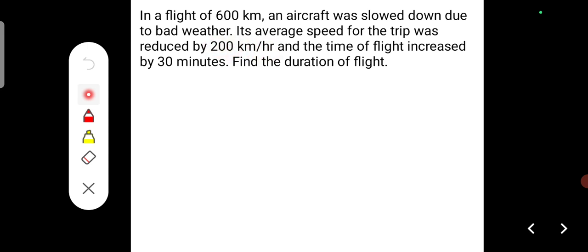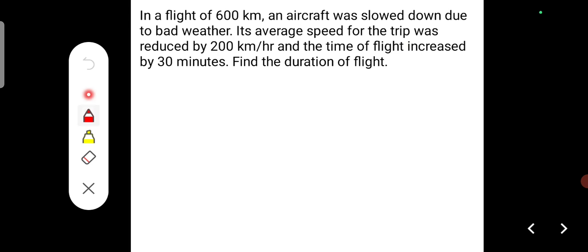When the speed is reduced, the time to reach the destination increased by 30 minutes, right? If the speed of the flight is reduced, more time will be taken to reach the destination. If the speed increased, time will be reduced.